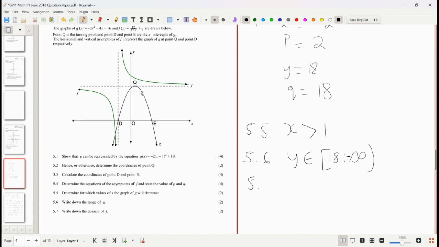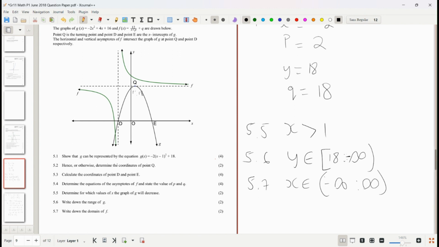So we can say that the domain, okay, 5.7. So the domain will be what? x will be an element of negative infinity to positive infinity, right?